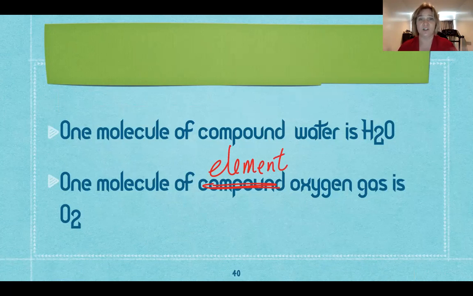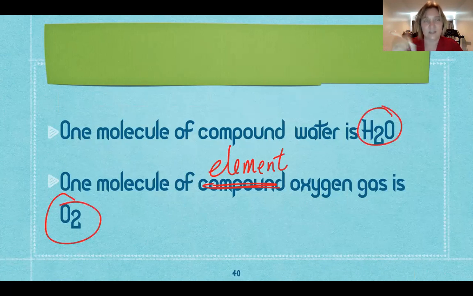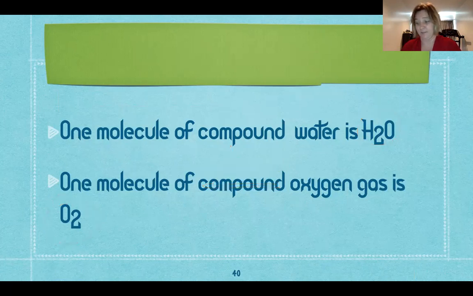What distinguishes the two is whether you have the same type of atom or different types of atom. So a molecule of a compound has different types of atoms. A molecule of an element has the same type of atom.